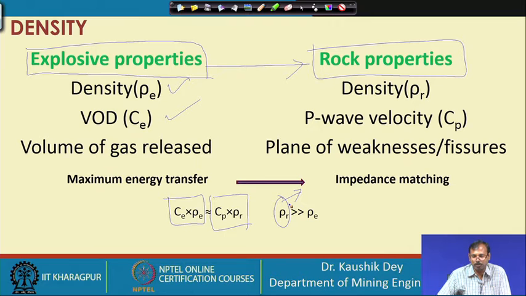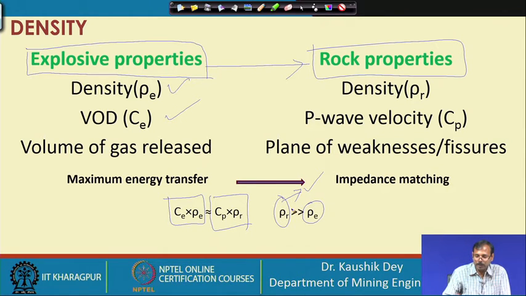Even though we are excavating rock close to the surface, on average the earth surface has a density of more than 2 ton per meter cube, or 2 gram per cc, that is, specific gravity more than 2. So, the density of the rock is in general higher than the density of explosive.